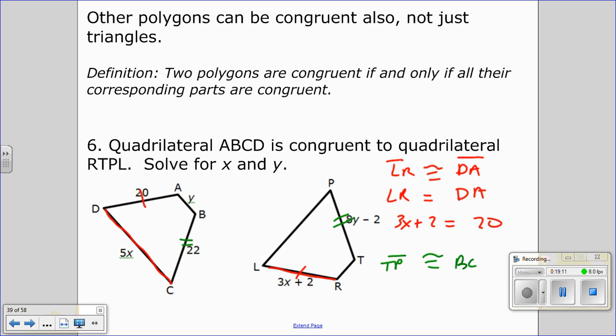Gotta make sure I get my lettering in the correct order. So TP equals BC. With that being said, you have 8y minus 2 equal to 22. And that's how you would solve for y. And this concludes your notes for today. Again, finish where I left off on example 6 and make sure you take a picture.